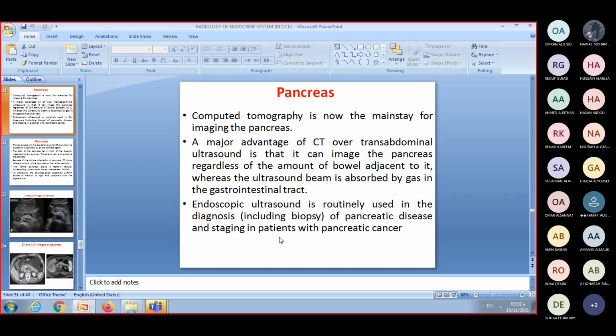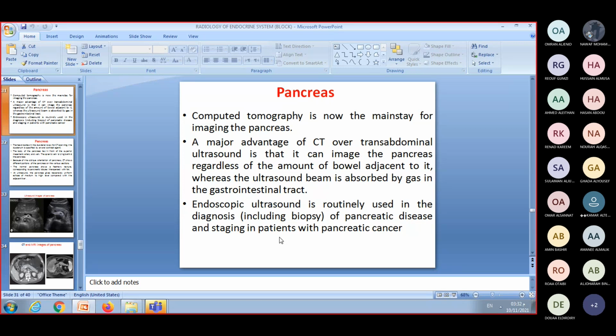The normal position of the pancreas is posterior to the stomach and adjacent to the bowel, especially the transverse colon, and both the bowel and stomach contain air. This air may interfere with propagation of the sound.